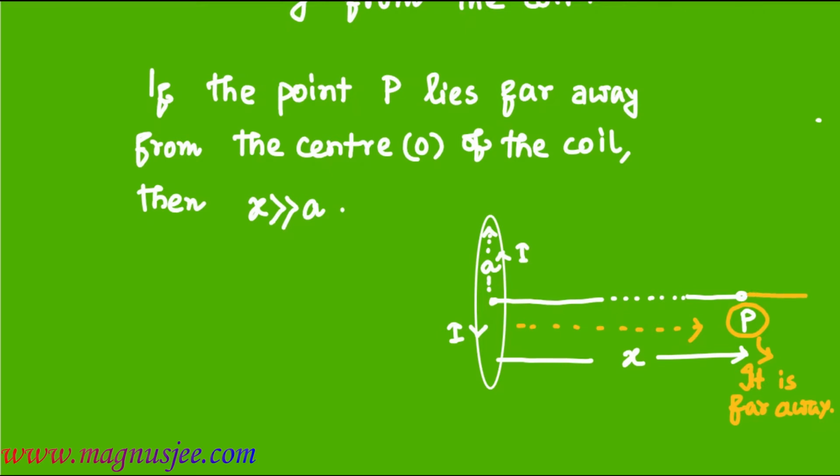In that case, magnetic field induction B is the magnetic field induction at the point P, which acts along the axis and away with respect to the coil.